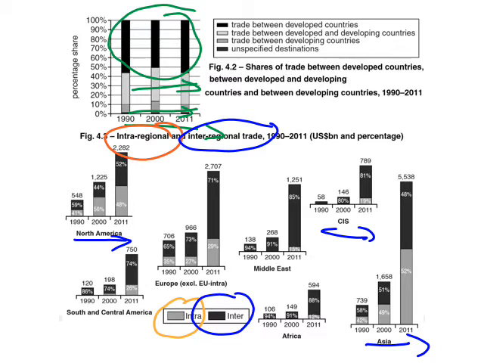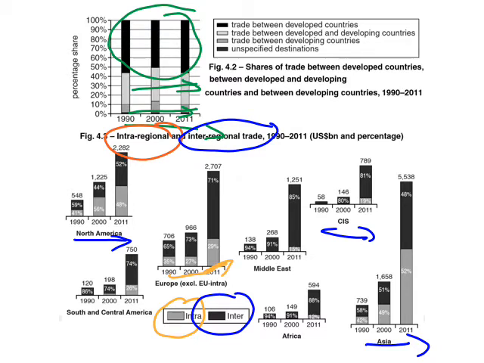In terms of Europe, again, there has been a slight reduction.